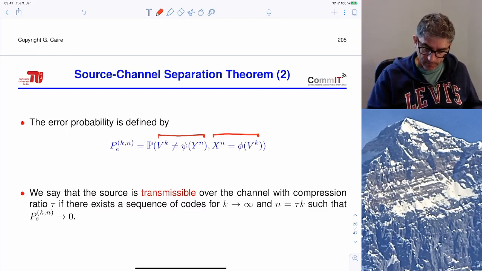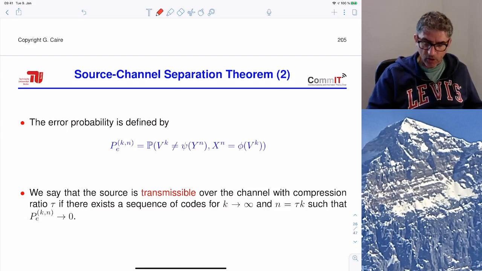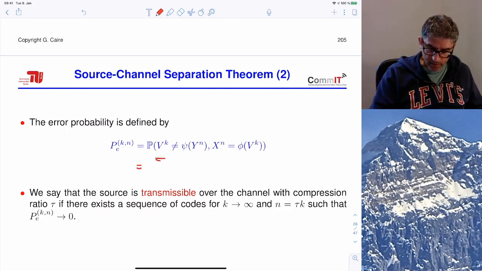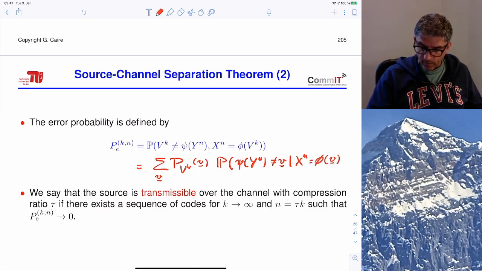Is the probability that the decoder makes an error given the source sequence, averaged over the source sequence. So this can also be written as the sum over all possible v of p(v) times the probability that the decoder output y^n is different from little v, given that the input x^n is equal to phi of v.